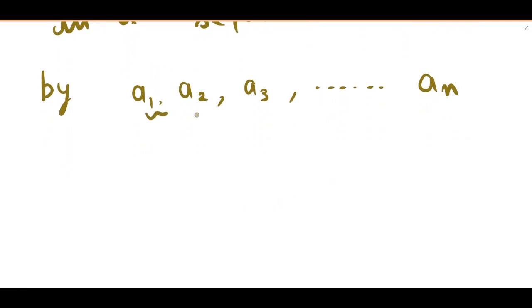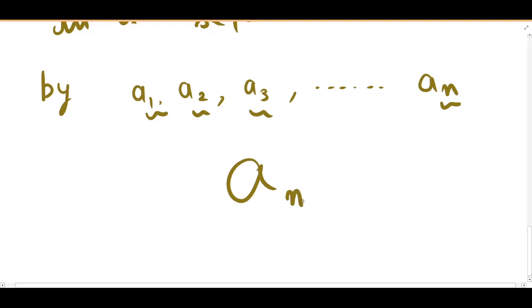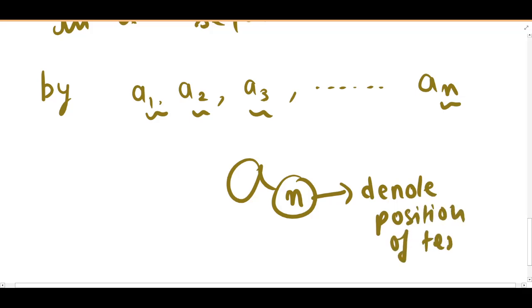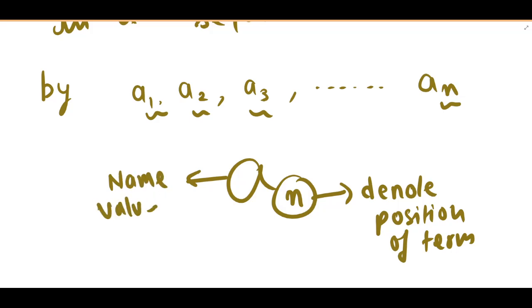These numbers represent 1, 2, 3, and it goes up to n. So if we have A with a subscript n, this subscript denotes the position of the term, and A denotes the name or value of the term.